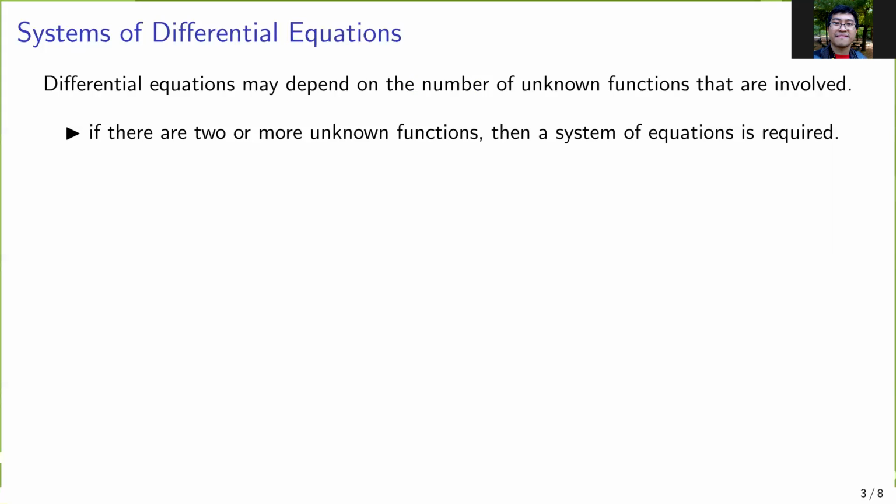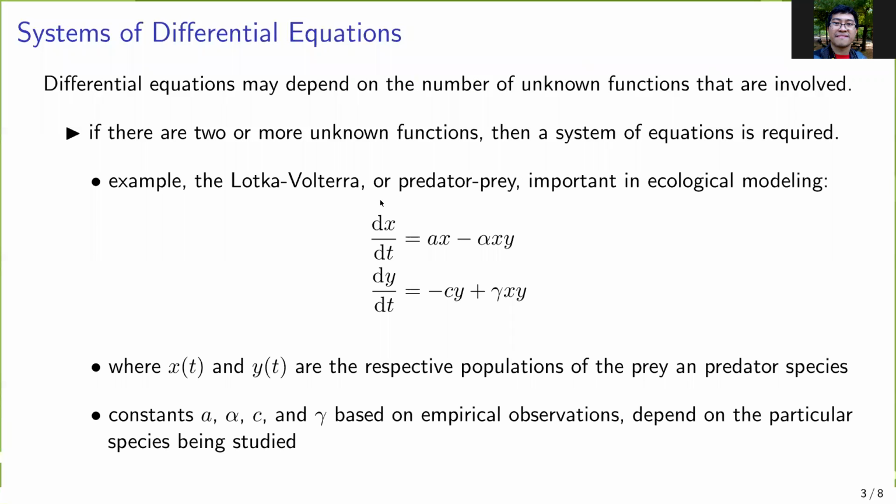In another case, we may have differential equations depending on a certain number of unknown functions. If there are two or more unknown functions, we will need a system of equations.